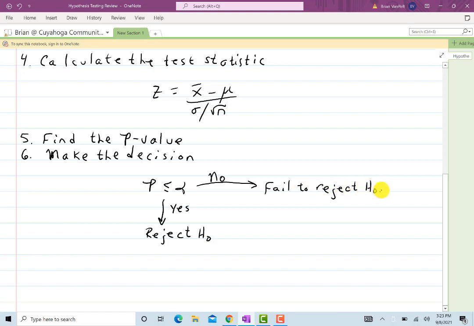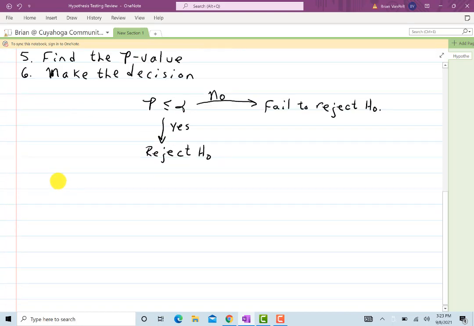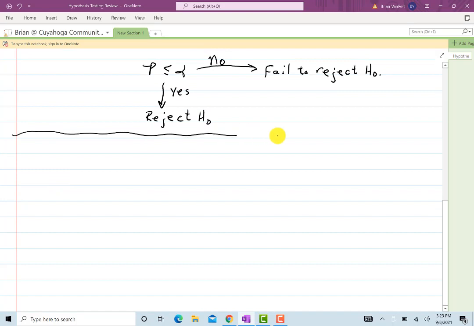I'm not exactly sure why they don't just say we accept H sub 0, but fail to reject it is a little more scientific in that the notion here is that this is evidence that suggests that something is true. It's not guaranteed true. It just provides statistical evidence that says that chances are what we're trying to say is true or false.